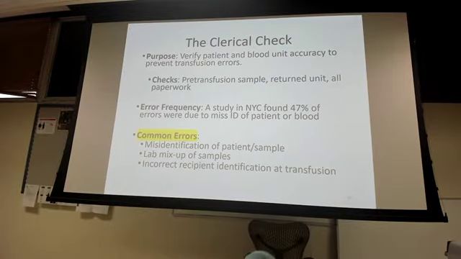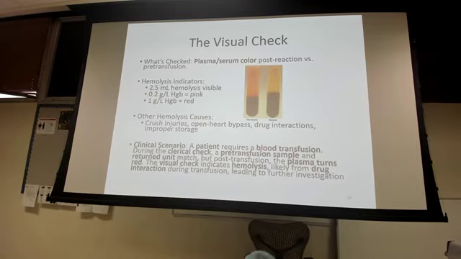And then those clerical checks, some common errors that you see: misidentification of the patient sample. There may be a lab mix-up of samples, and then an incorrect recipient identification at transfusion, okay? Not so much for you all, but this is what we would see. So if somebody did have a transfusion reaction, when we spun down that lab and we look at that person's plasma, if we see that pinkish look in there, we see that hemolysis did occur.